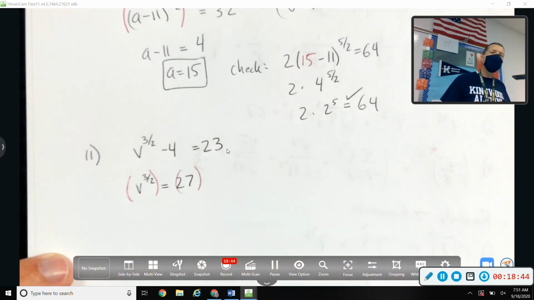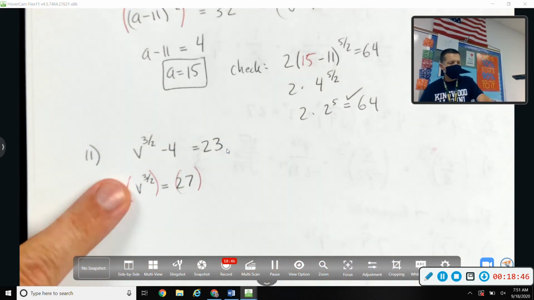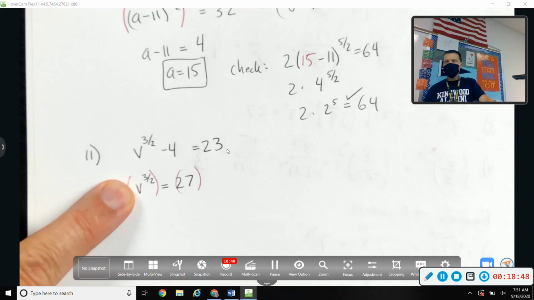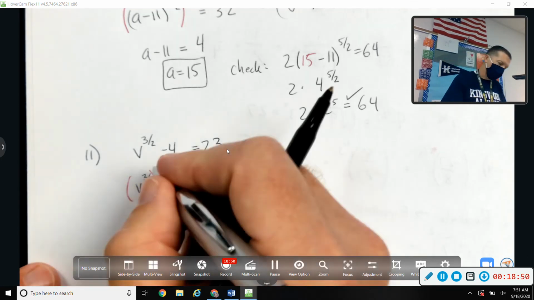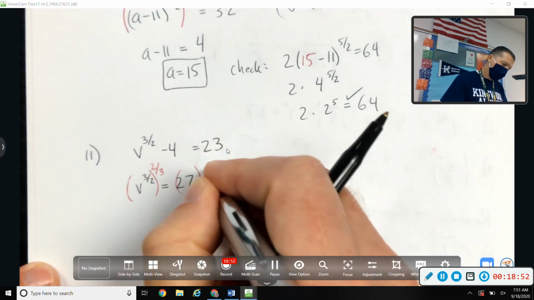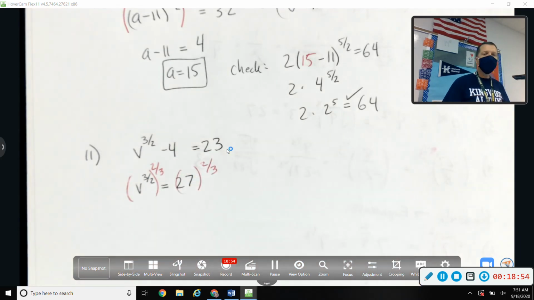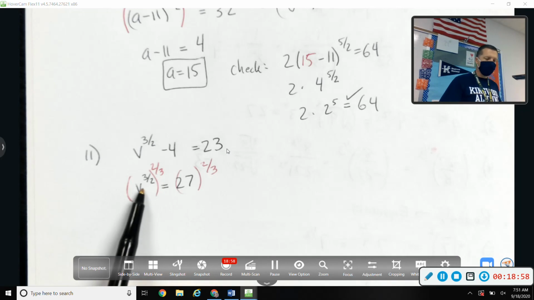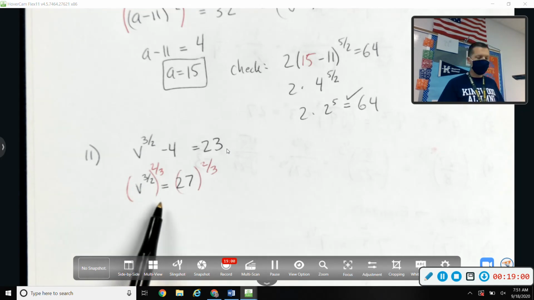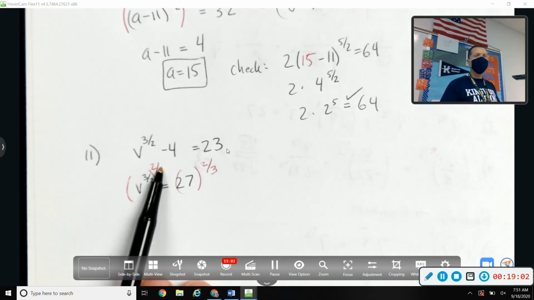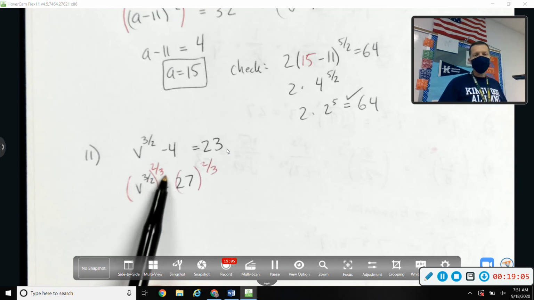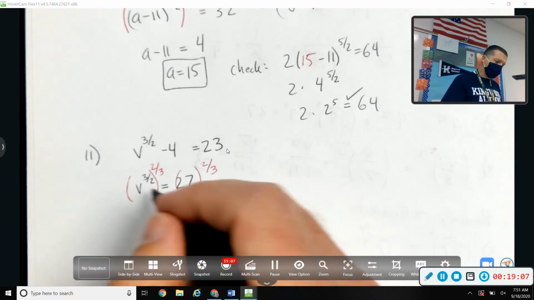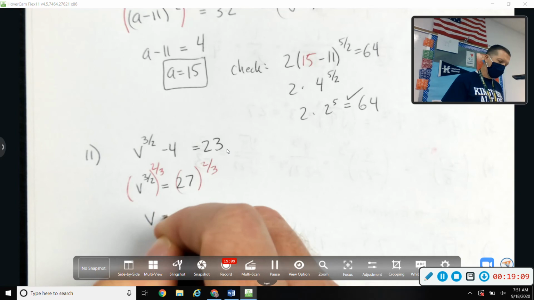And then to fix the power, we raise it to the reciprocal. So 2/3. And again, you show that to a younger sibling or something, and they're like, oh my gosh, that's impossible. How do you raise something to the 3 halves and then to the 2/3? That's crazy. Yeah, it looks bad, but the whole point is 3 halves times 2/3 just gets you back to 1.